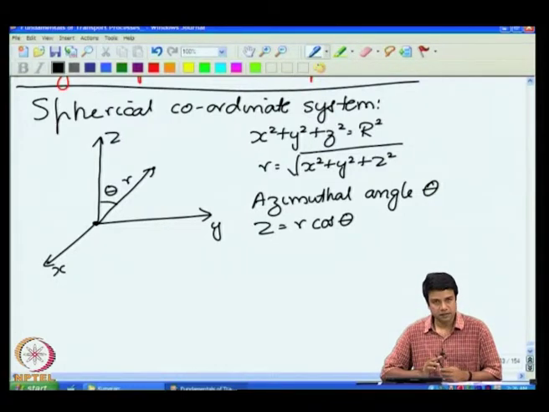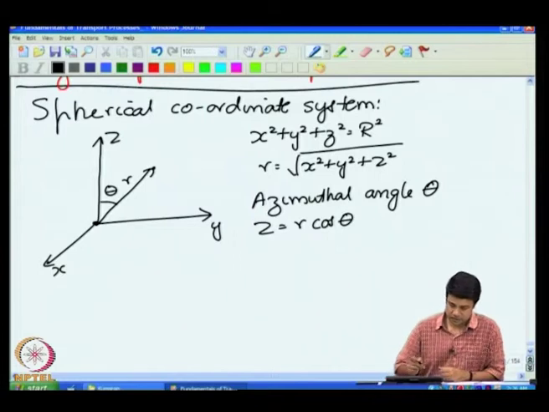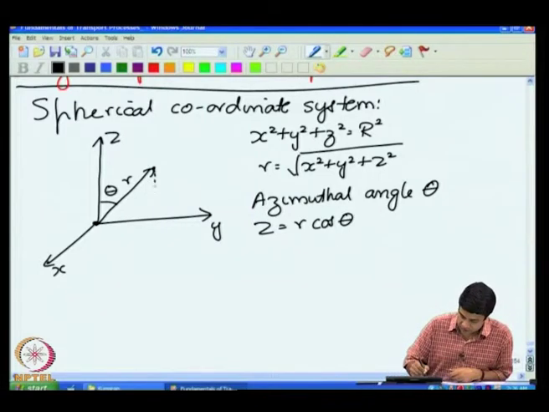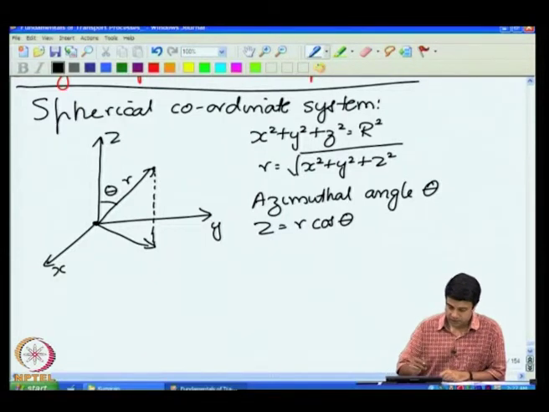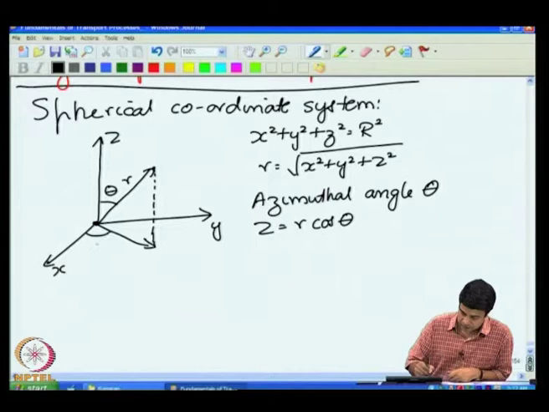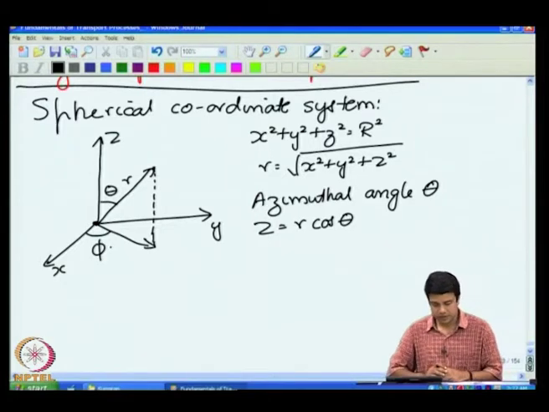And there is a third angle, which is the angle made by the radius vector around the z axis. If I take a projection of this radius vector onto the xy plane, then the angle that the projection makes with the x axis is referred to as phi.